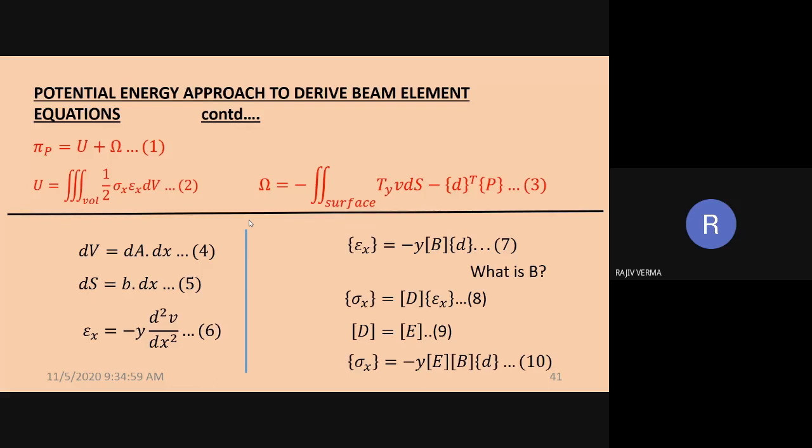Both these expressions are going to be substituted in equation number 2 to evaluate the total internal strain energy. Of course, equations number 4 and 5 are also going to turn up, which convert the volume integration into a line integration, that is, a one-dimensional integration.